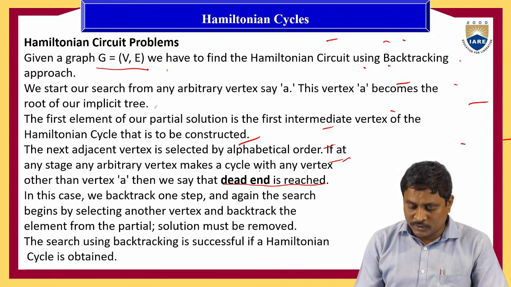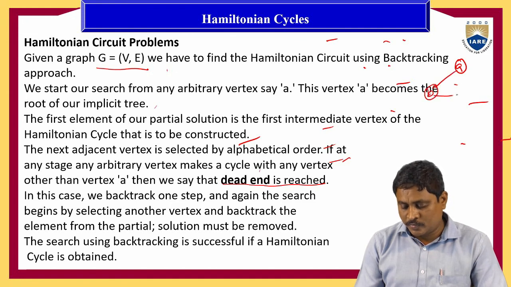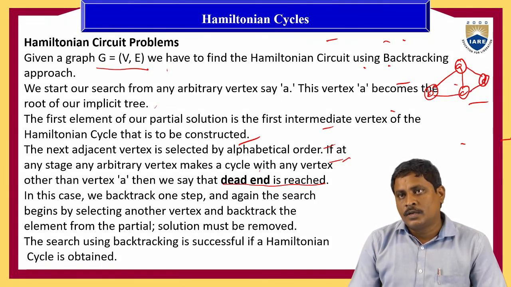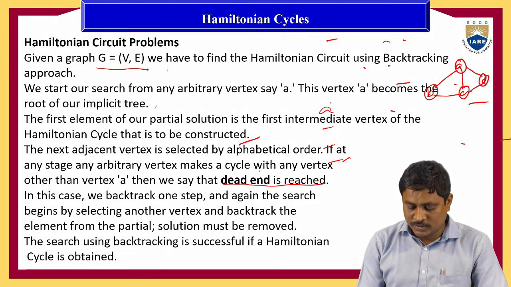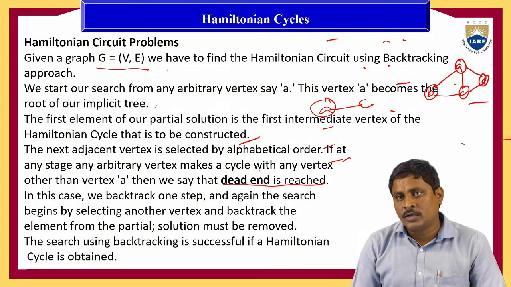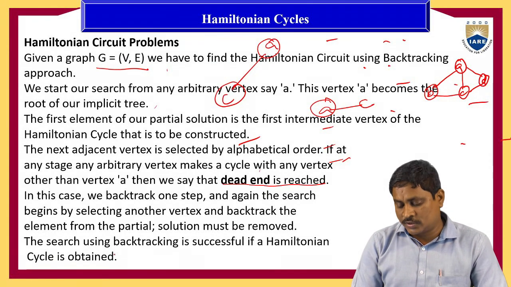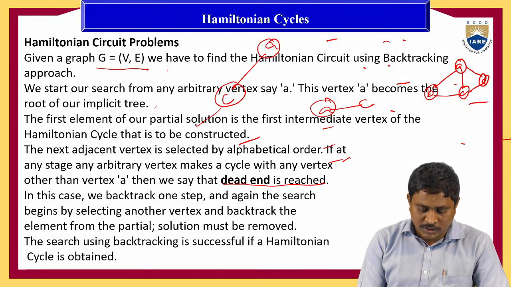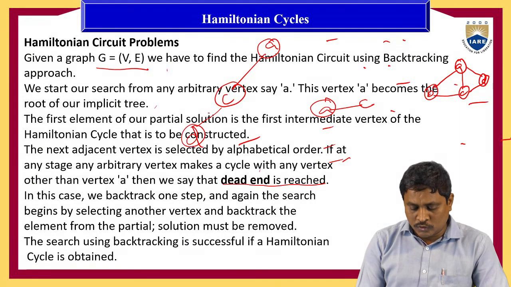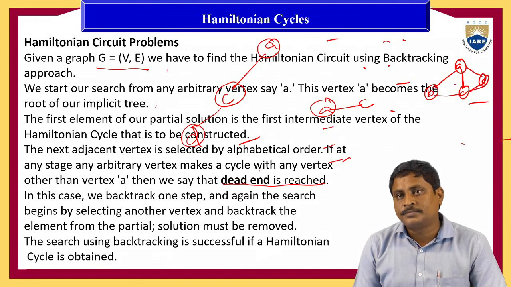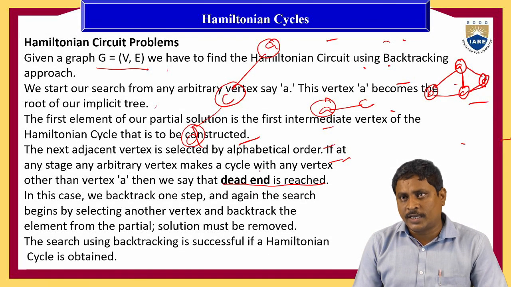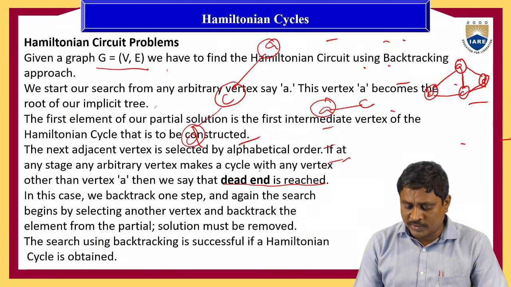Now here we see that suppose we take one graph: A to B, B to C, C to D. Suppose we traverse from A to C. We start from A and we go to C. Next, we traverse from C to D. Now in this tour we have already traveled from A to C, C to D, and there is no direct road from D to A. Otherwise, another route is D to A, which means A is repeated one more time, then A to B. That means this is not a Hamiltonian cycle.